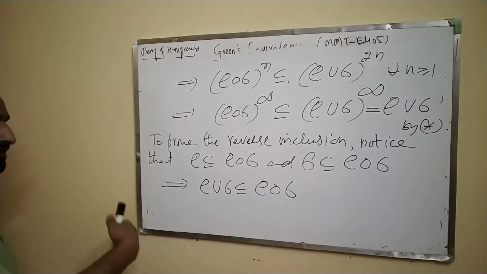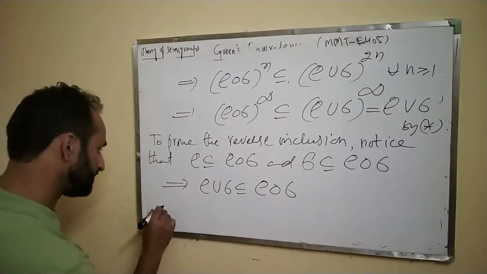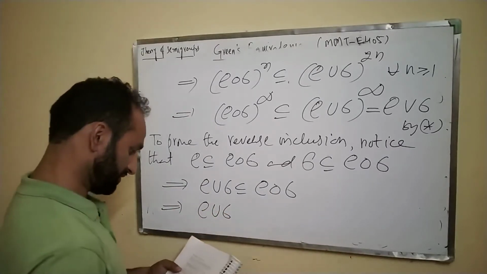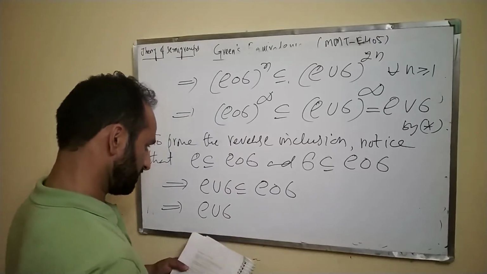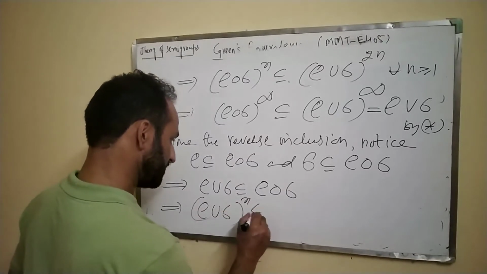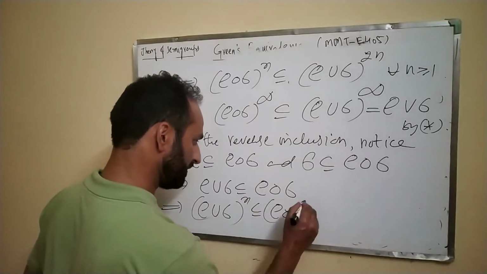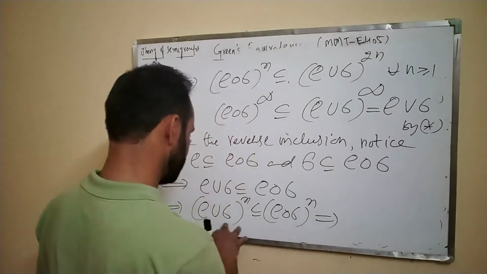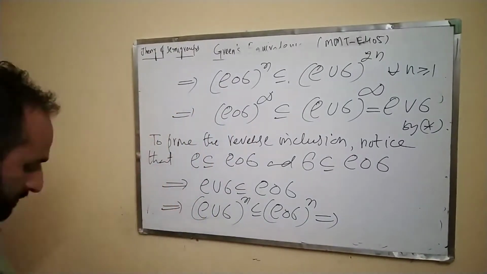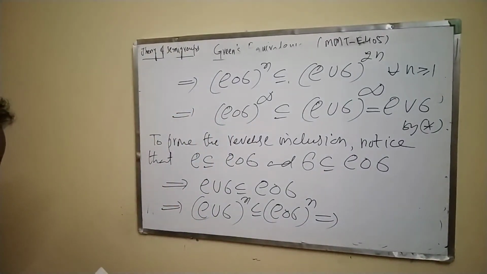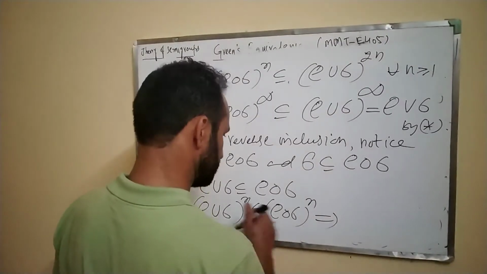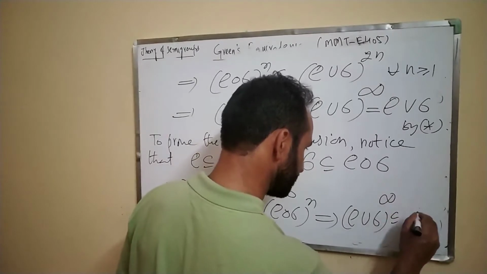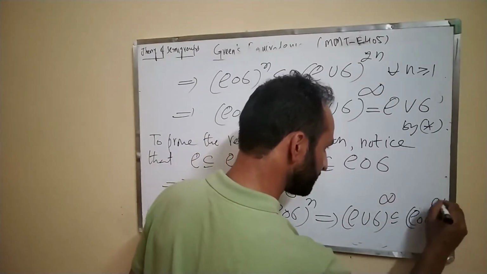So if you apply this n times, you will see that (rho union sigma) power n will be a subset of (rho composite sigma) power n, and then for infinity, you will see that (rho union sigma) power infinity will be a subset of (rho composite sigma) power infinity.